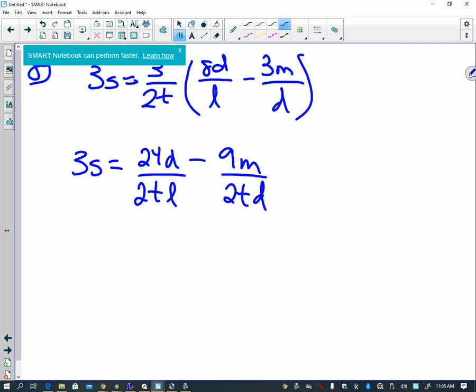The only thing left is that in order to actually combine these, I need a common denominator. So I'm going to multiply this side by d over d and this side by L over L. Does that work for you guys?